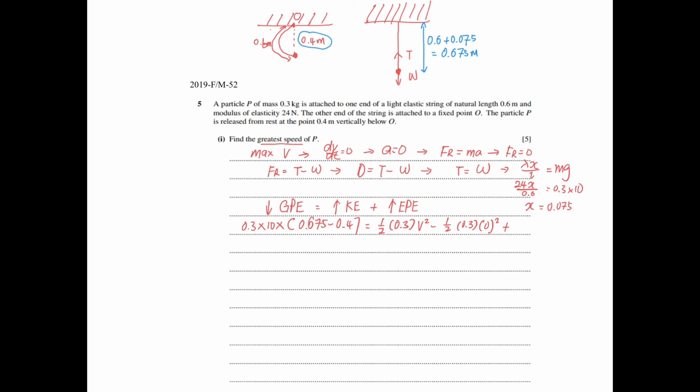Lambda is 24, x squared is 0.075 squared, over 2 times the natural length 0.6. So we need to work out this equation, and then find V.